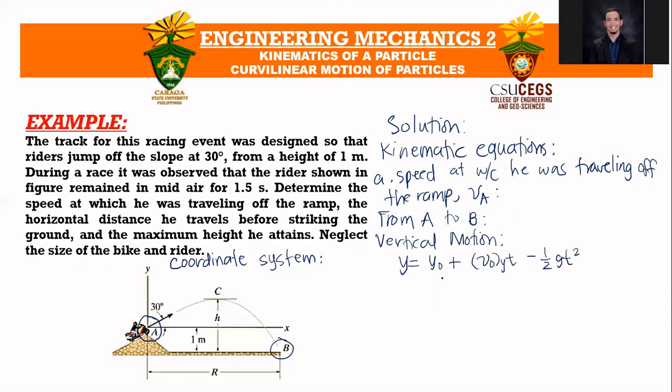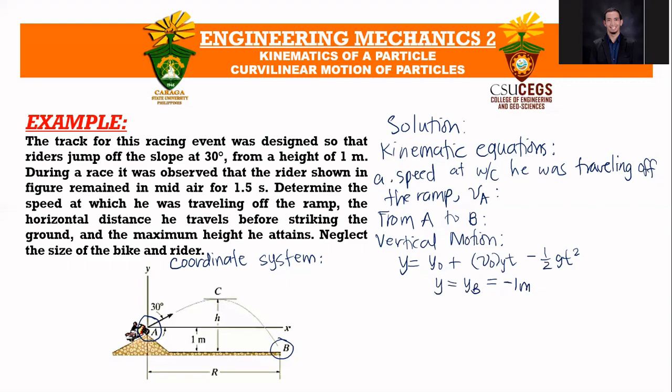So ngano man kini ang gamiton na equation para pangitaon ang initial speed or initial velocity sa imong rider, kay ang y without the subscript, that is your final position man, which is yB, is equal to 1 meter. And since it is below your x-axis, that will be a negative.